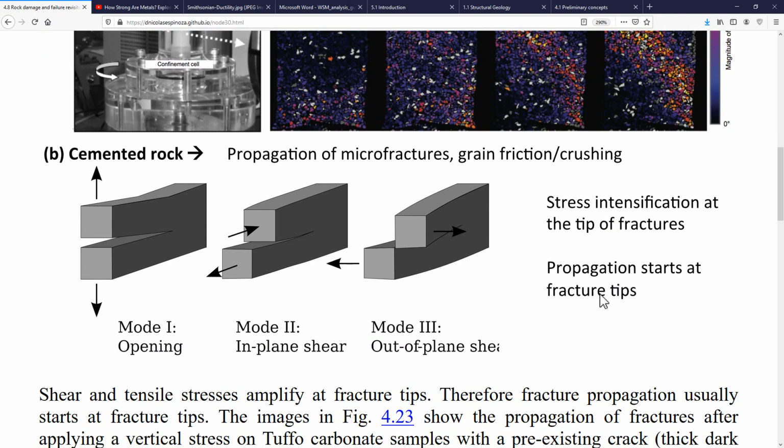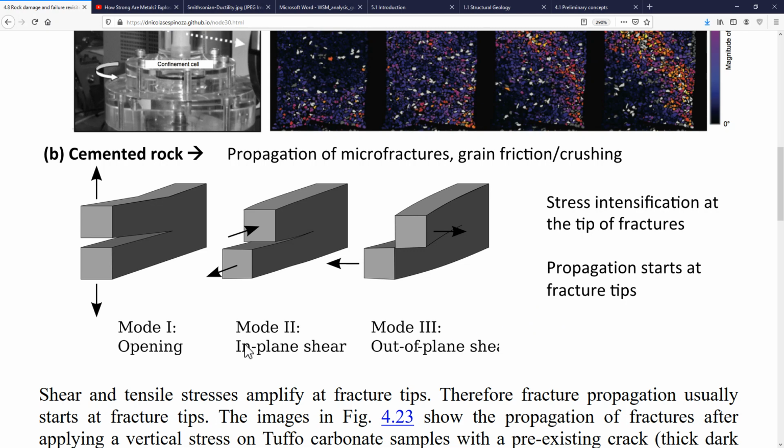And in a cemented rock, we can also have failure that happens through fractures, which are localized and which are going to depend on the type of stress that has been applied. And there are three types of fractures that can occur in these cemented materials.